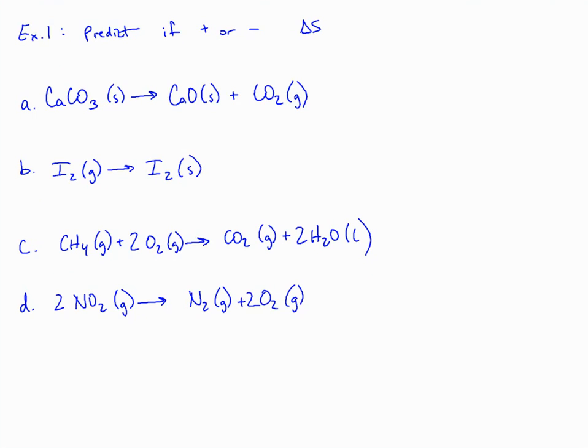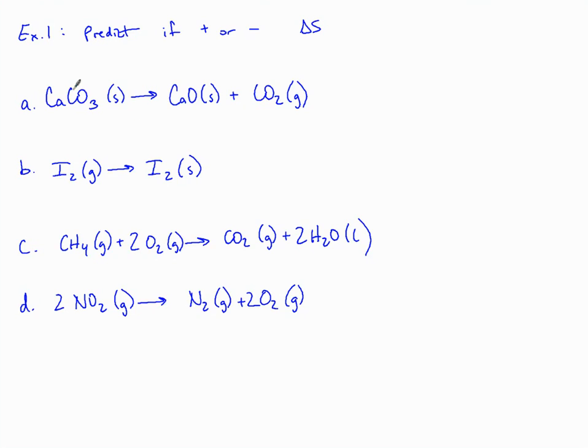Example 1 says, predict if the change in entropy is positive or negative. In part A, we have solid calcium carbonate becoming solid calcium oxide plus CO2 gas. Thinking about the rules directly above on your paper, we have the reaction forming a gas.